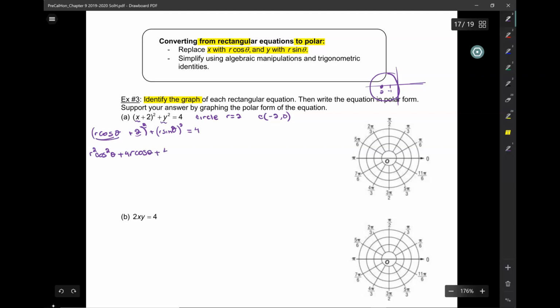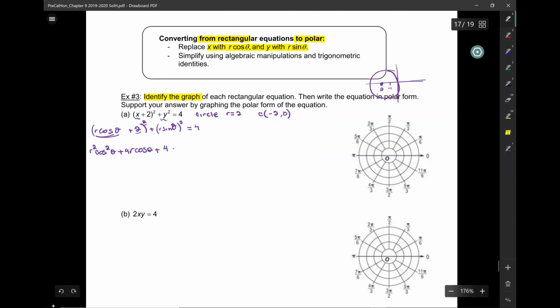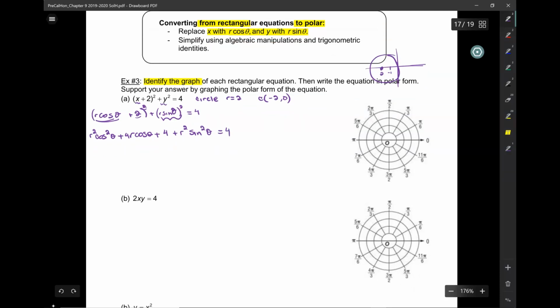And then plus the last term is 4. So a squared plus 2ab plus b squared. Plus, squaring this, I get r squared sine squared theta equal to 4. Oh my God, it totally looks like things just got so complicated so quickly. But you know what? It's going to get so simple right now. Look at what we're going to do.